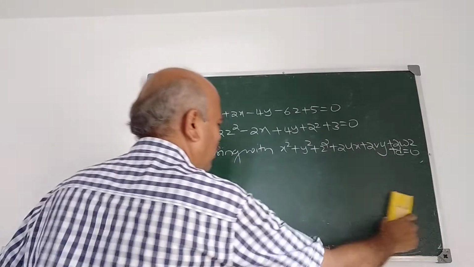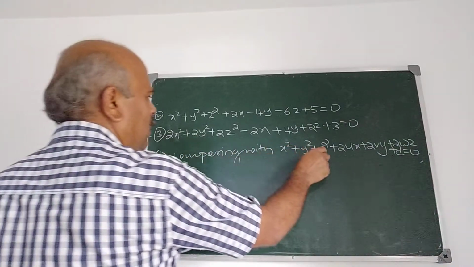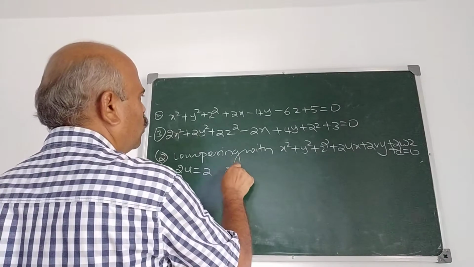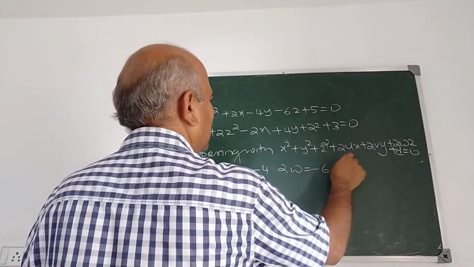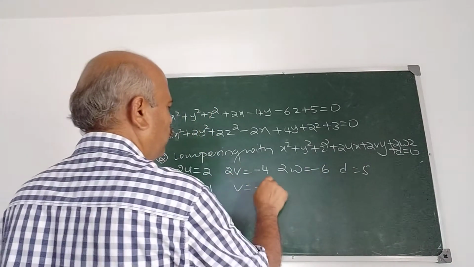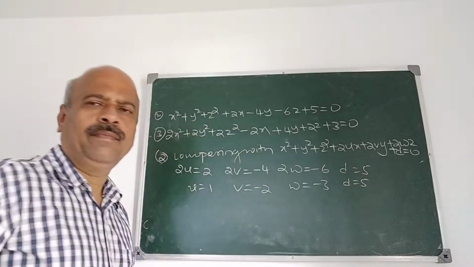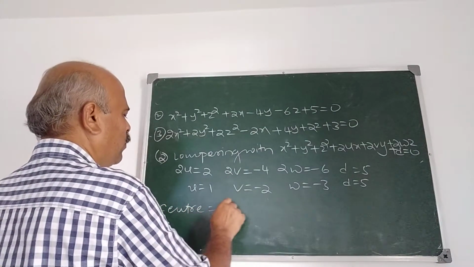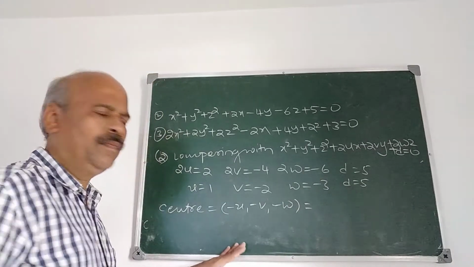See the second one, compare the given equation with the general equation. You will get 2u is 2, 2v is minus 4, 2w is minus 6, d is equal to 5. So u is 1, v is minus 2, w is minus 3, d is 5. Therefore the center, what is the formula for center? Minus u, minus v, minus w.